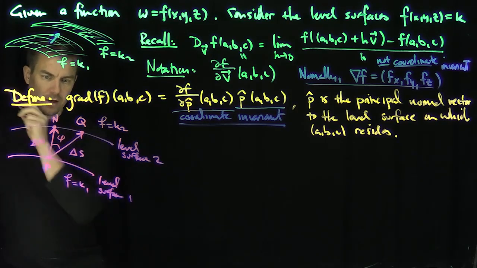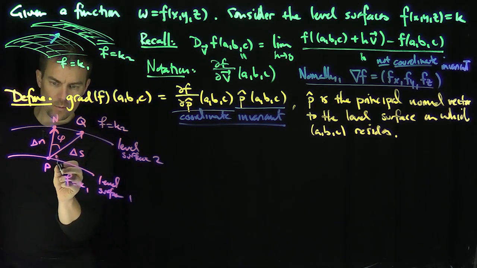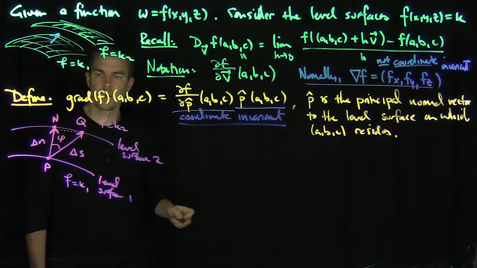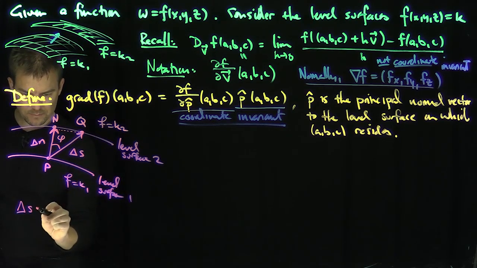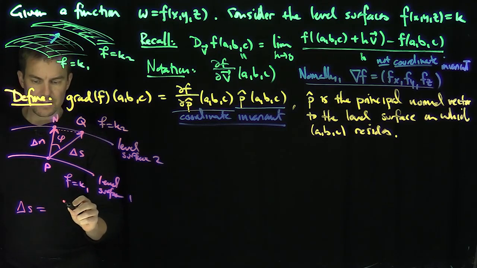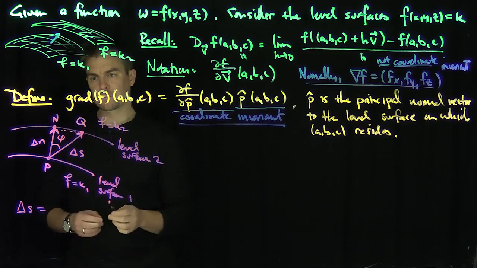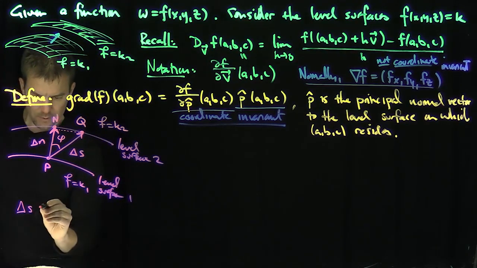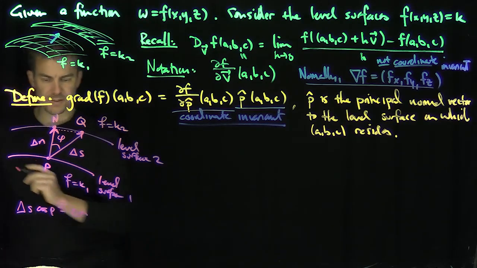There's an angle between them, phi. What can I say about these things if this is normal, perpendicular like so? We have a right triangle, so delta S cosine of phi is going to be delta N approximately, on this scale.